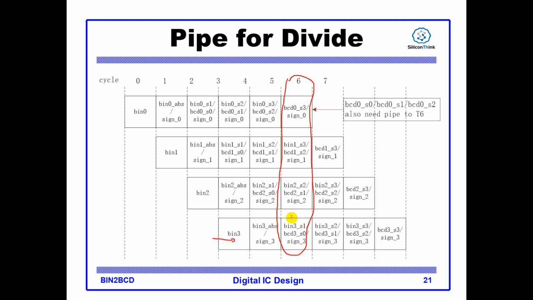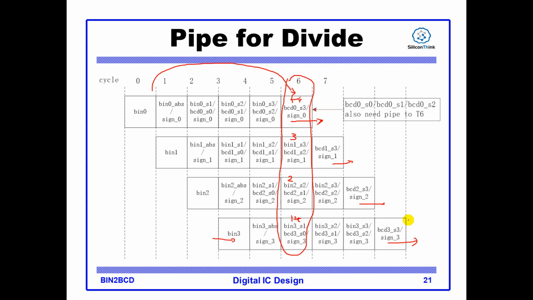This is in the first divider, this is in the second divider, this is in the third divider, and this is in the final result stage. After some cycles of latency, the output will be output cycle by cycle. That is, every cycle we will get one result.